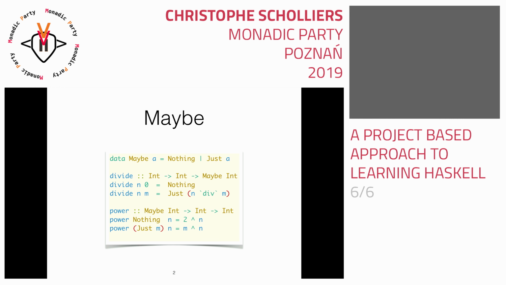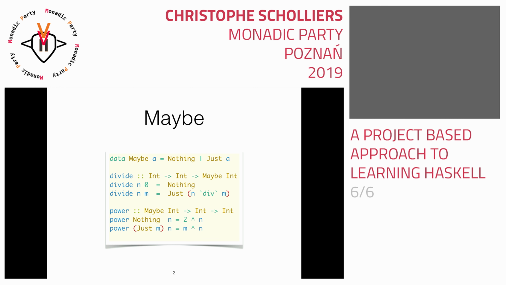So for example, if we want to indicate that the result is 5, what should we make? We should make a Just 5. And the type of Just 5, what is that going to be? Do you have an idea? Just 5, it's Maybe over Int. Yeah, good.